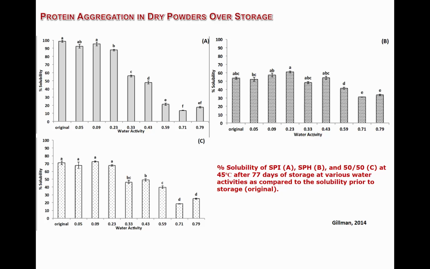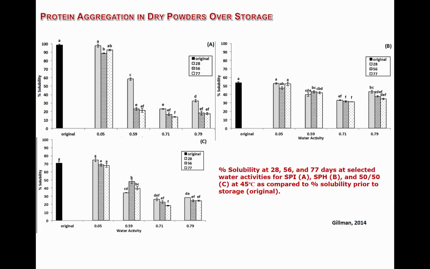So it seemed like a hydrolyzed product, although it lost solubility initially, was more stable across different humidity levels than intact SPI. The same when she looked at 3 time points where you see a drastic drop for SPI. For example, if you look at 0.59, over time it goes from almost 70 down to 25 or 25% soluble, whereas the SPH maintained similar solubility over time.